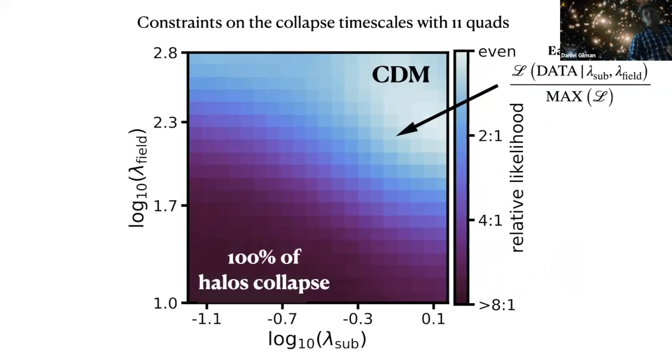Yes. Sorry, maybe what I said just added unnecessary confusion. This is a map of relative likelihoods, right? Whatever the most likely point in the parameter space is has a value of 1, and it turns out that's always where CDM works. So the models that live in the lower left corner are 10 times less likely.